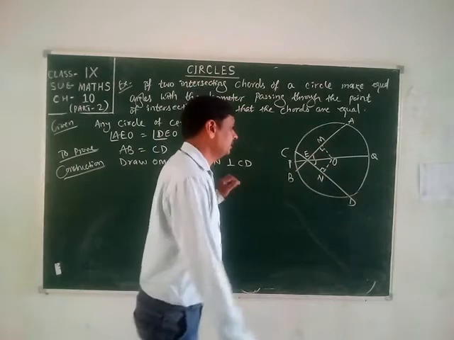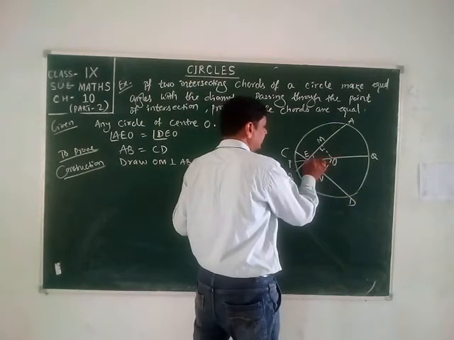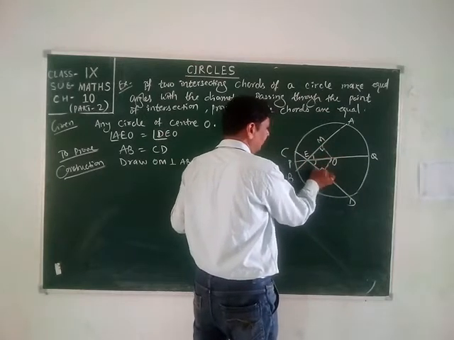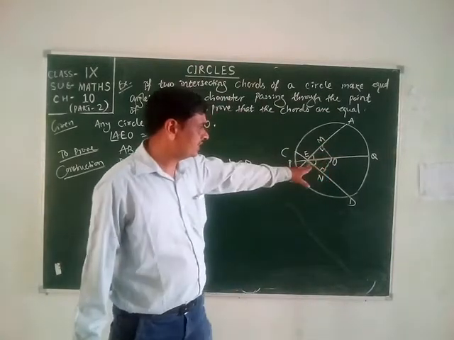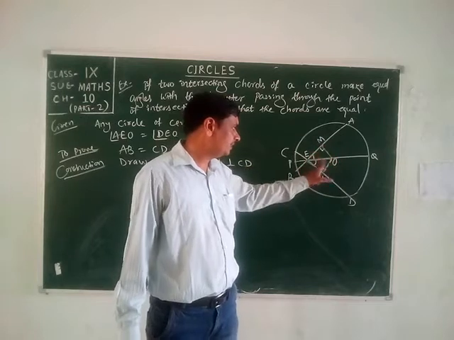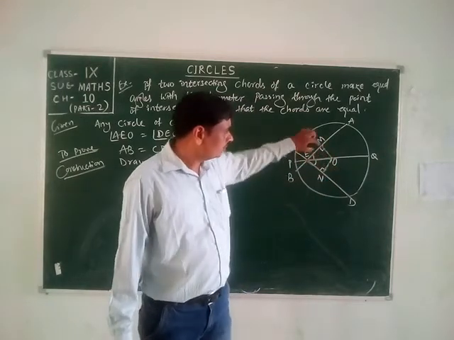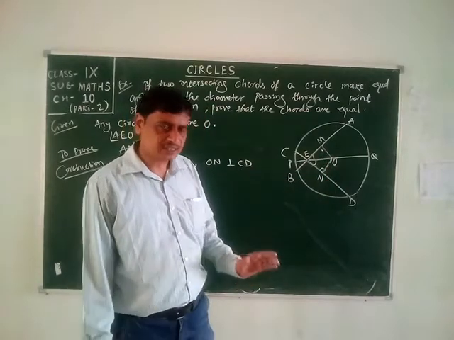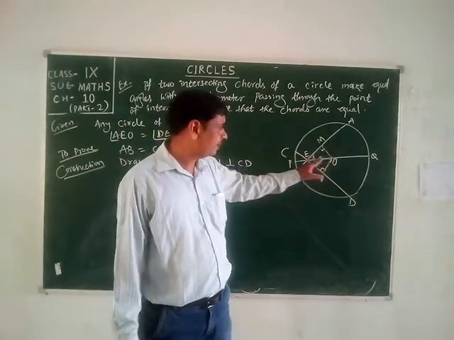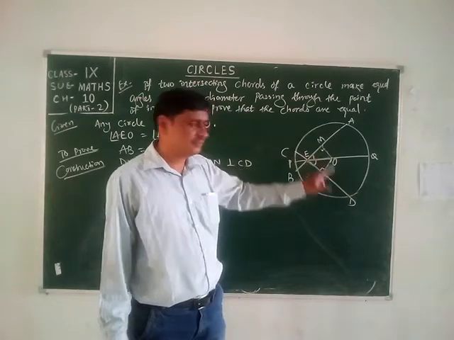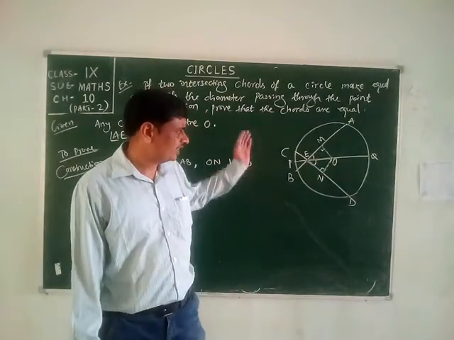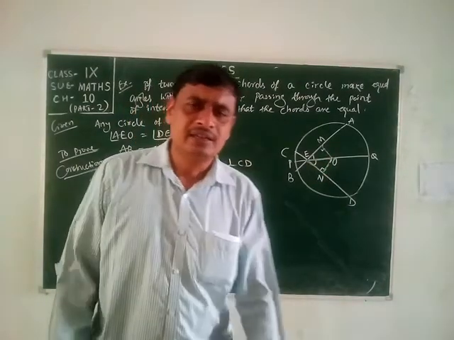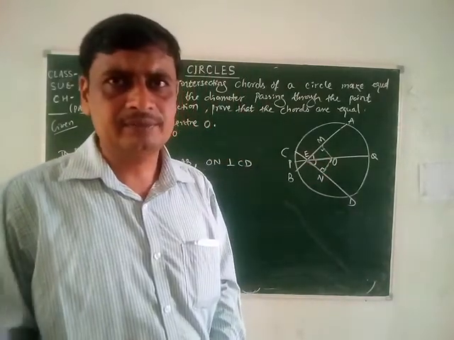Now we'll take these two triangles EOM and EON. In triangles EOM and EON, these two angles are equal. Both are 90 degrees by drawing the perpendicular, and these two angles are also given as equal in the statement. So these two angles will be equal by the angle sum property of triangle.